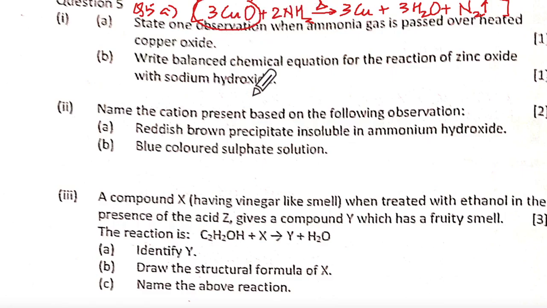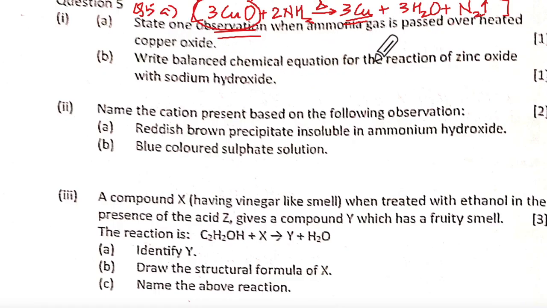That one is not basic, that is amphoteric. So if they tell you reduction of an amphoteric oxide, then instead of CuO you will take PbO. What is the observation? Black CuO turns into reddish brown copper metal.